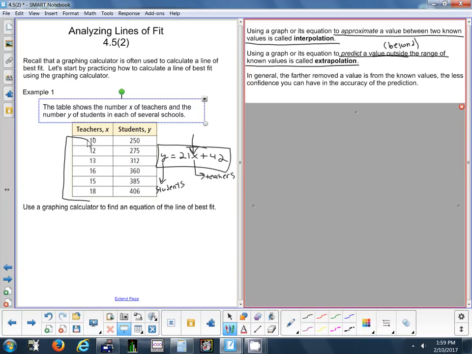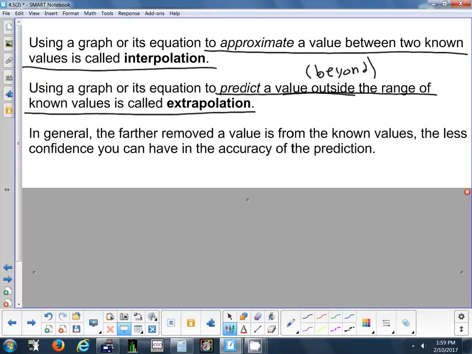But in general, and I think you might already have this on your sheet, the farther removed a value is from the values that you know, the less you can trust your prediction, the less confidence you can have in it. Does that make sense? It's like trying to predict the weather 10 days out. Say you had that last number, that 406, so you say 483, that's kind of close. Yeah, that's not bad. But then the further you get away, it's like you don't have anything to base it off of. Right, exactly.